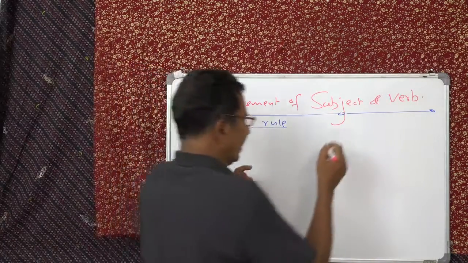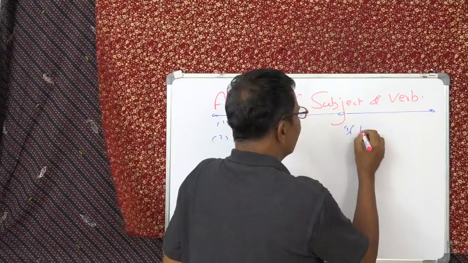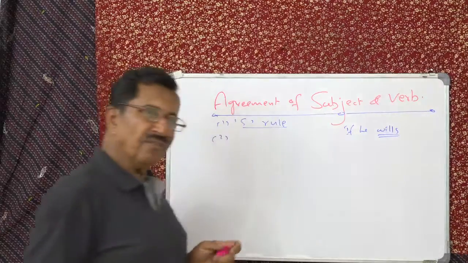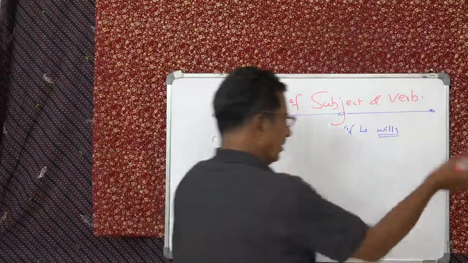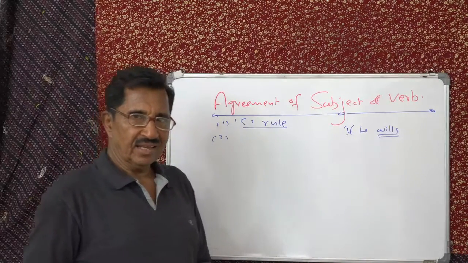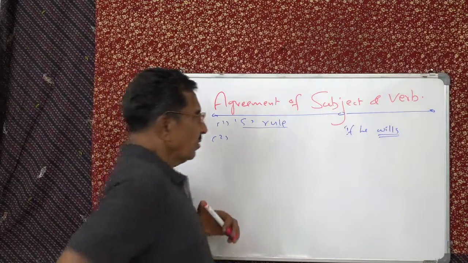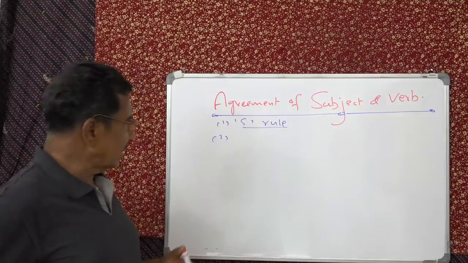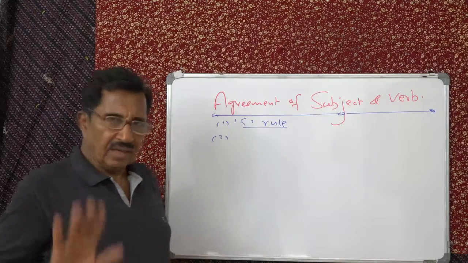See, that's a different thing. If he wills, not will but wills. That's the thing. He wills. Otherwise, with finite verbs only, this is an exception. Right? So the S rule is clear.